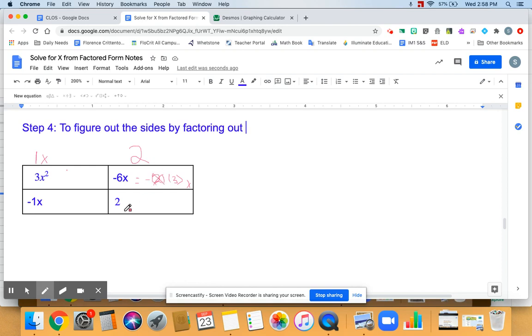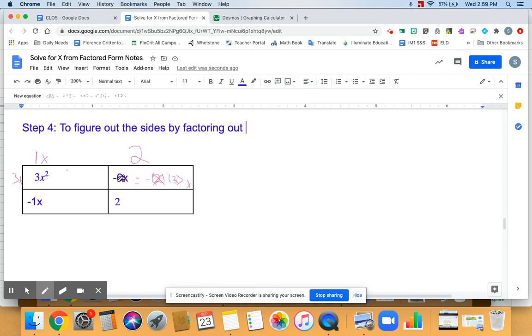But they don't both have an x for me to pull out, so I can't pull it out. So then on this side, this has to be something when I multiply it to this, it equals this 3x squared. So this is 1. What times 1 will give me 3? 3. And if they took one of the x's away, this one has to have the other x in it.